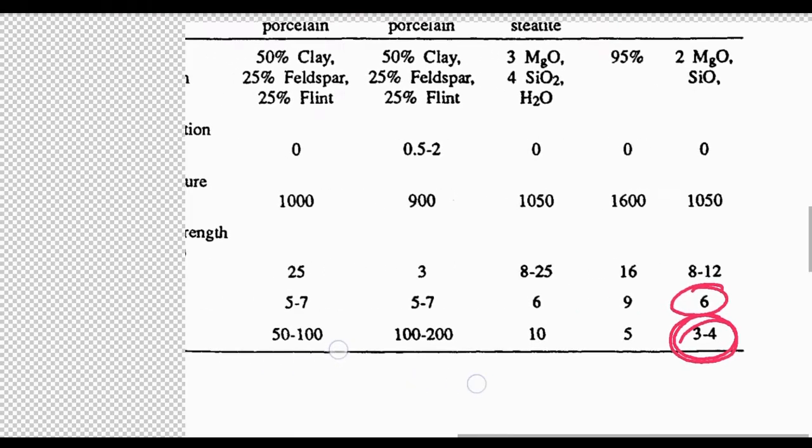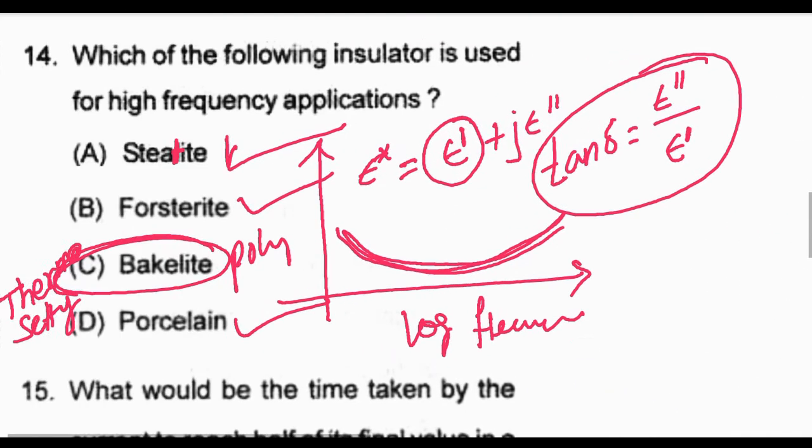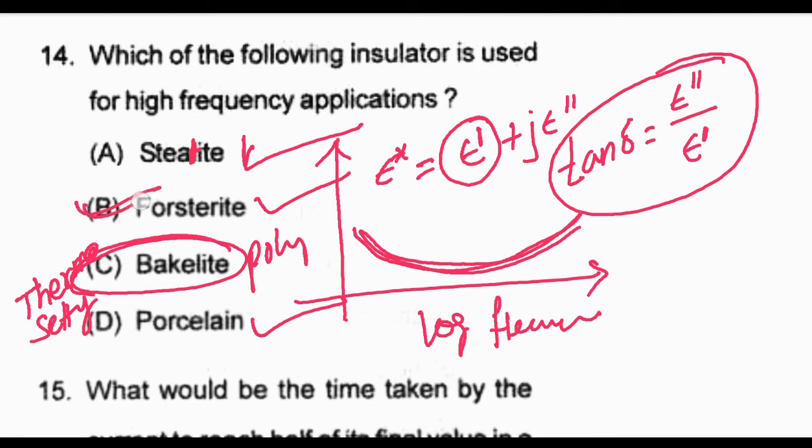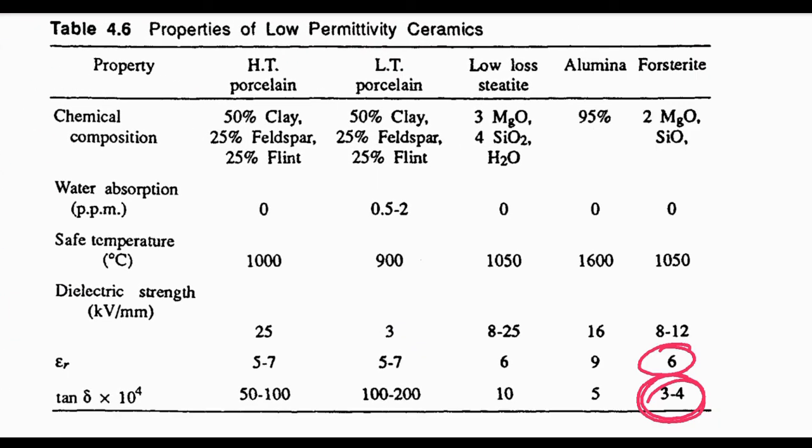So forsterite is the correct answer for this question, because it has a higher dielectric constant or relative permittivity and low loss, and all these things are considered at constant frequency. Here the frequency is not mentioned, and we have to mention that frequency. Suppose at 100 kilohertz or 1 kilohertz, so we have to mention the frequency.